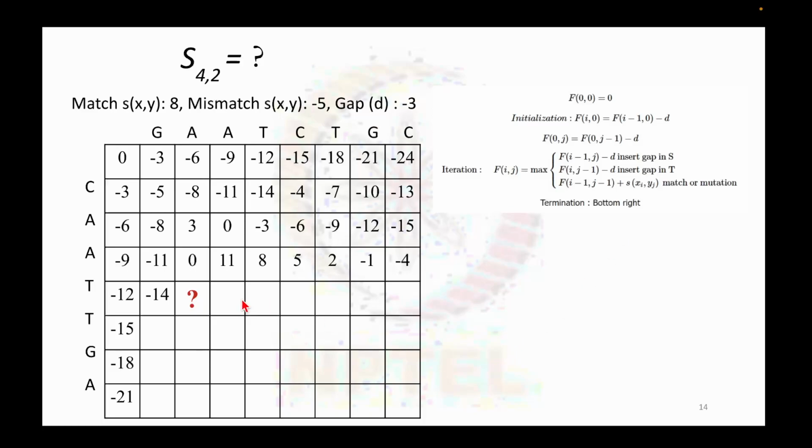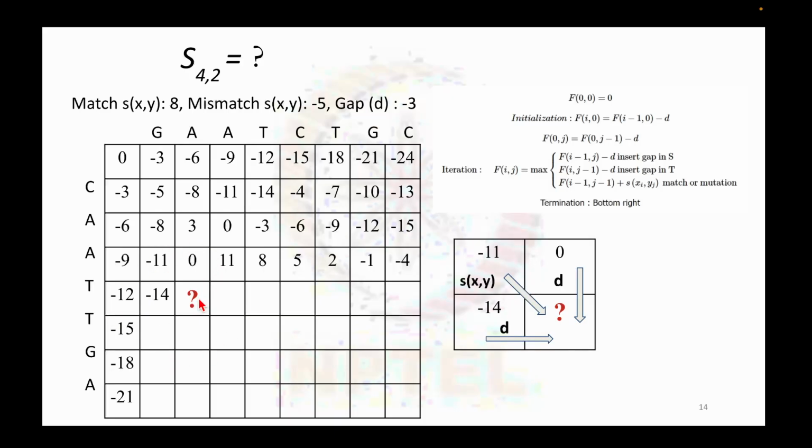First mention what the condition is here. If I consider the diagonal, whether this cell has a mismatch or a match condition. Mismatch, sir. Yes. So accordingly we take the mismatch score. So minus 11, minus 5 is one value. Minus 14, minus 3 is another value. 0, minus 3 is the other value. So the maximum of these three is the value for this cell.